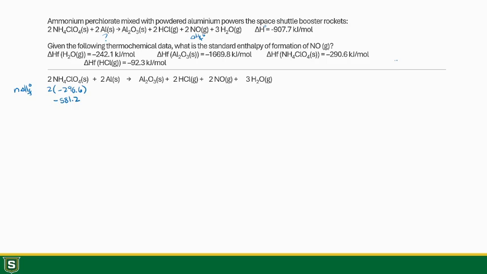Remember, the enthalpy of formation for standard state elements: since I'm already in standard state, to make it from standard state elements, there is nothing happening. It's already there. So based off of the definition, they're always 0. So this is going to be 2 times 0, which means this is 0. So summing the reactant side is pretty easy, negative 581.2 for the reactants.